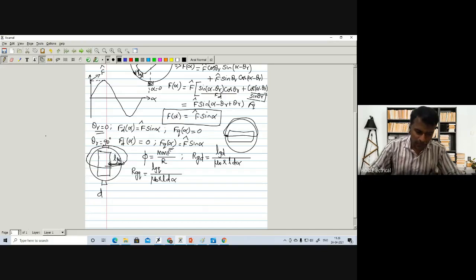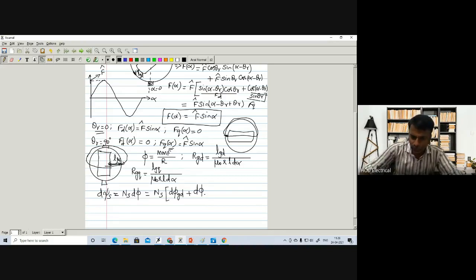The flux linkage in a particular small area is the number of turns in the stator, Ns, times the magnetic flux in this area, which is the magnetic flux due to the small air gap plus the magnetic flux due to the large air gap.